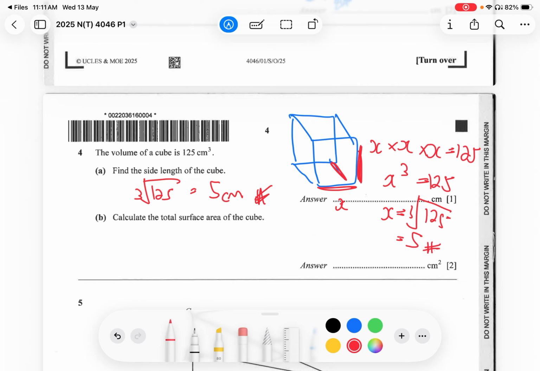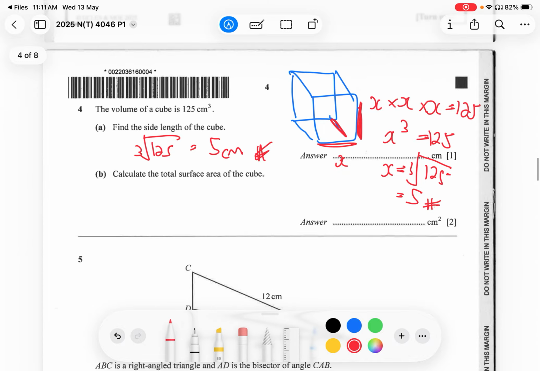Either is fine. Now calculate the total surface area of the cube. If you open up the cube, it will be something like this: 1 square, 2 square, 3 square, 4 square, 5 square, 6 square.